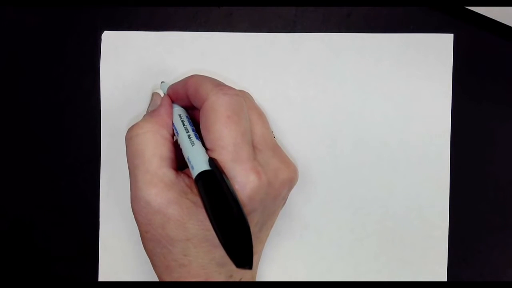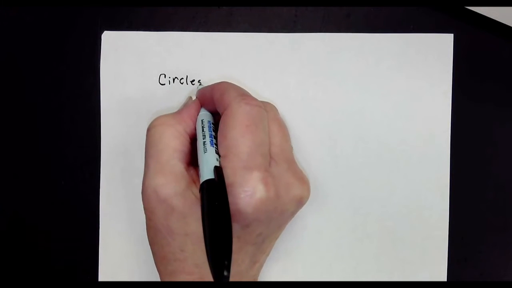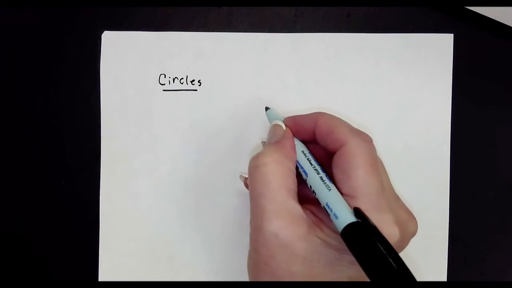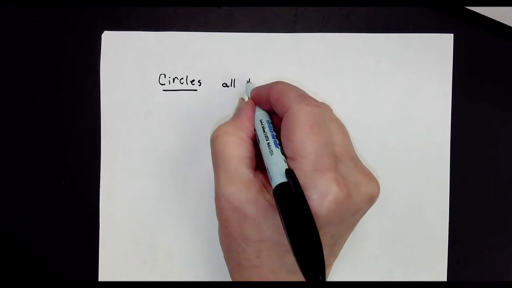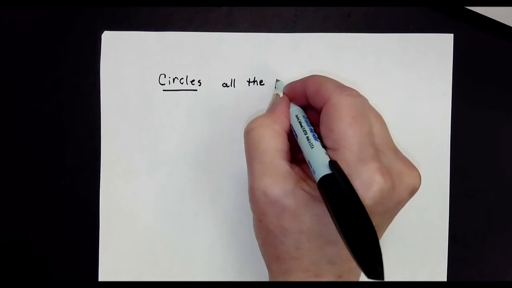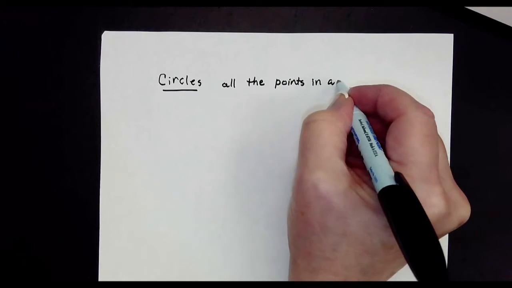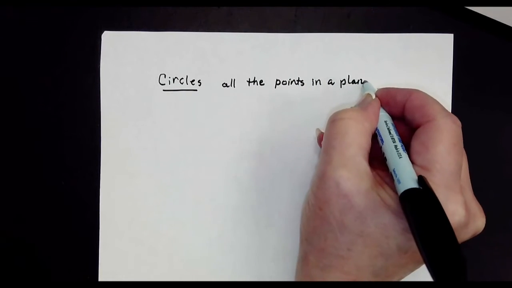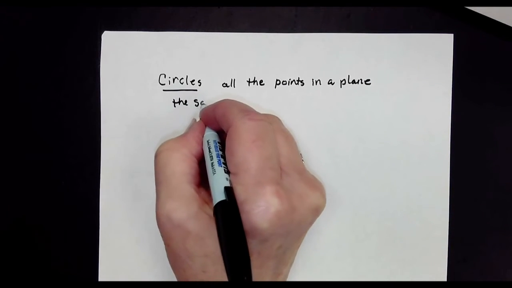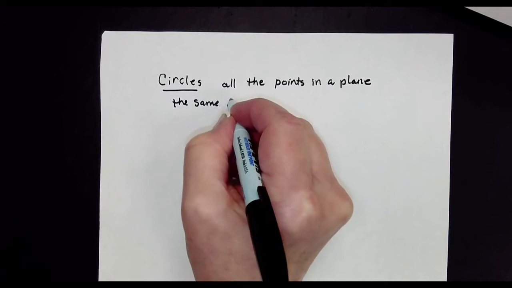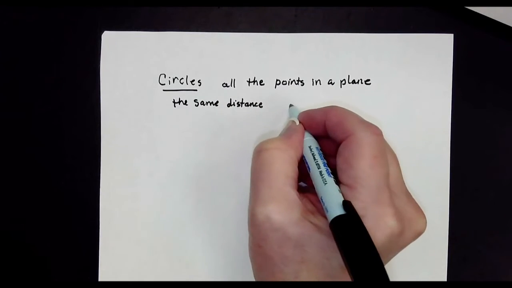Okay, today we're going to talk about circles. Okay, a circle is all the points in a plane the same distance from a given point.